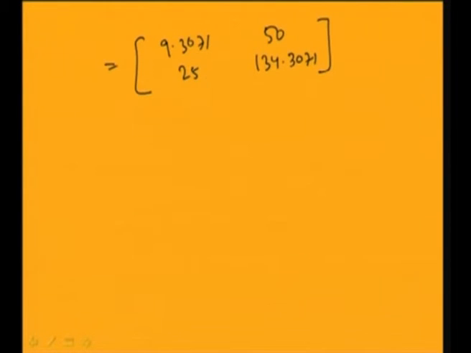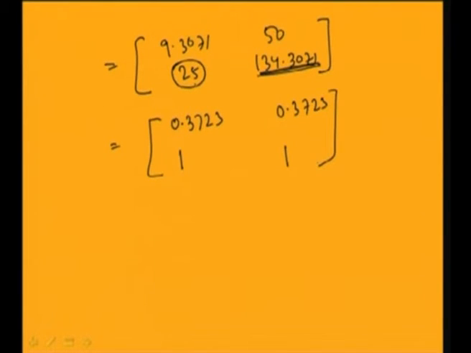Let me write this as A2. Let me make this displacement unity, so I will divide 9.3071 by 25, so that becomes 0.3723, and in this column also I can make this element equal to unity, so I can divide 50 by 134.3071, so this also becomes 0.3723.